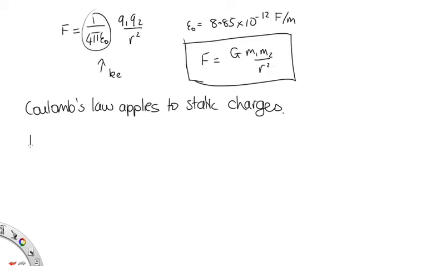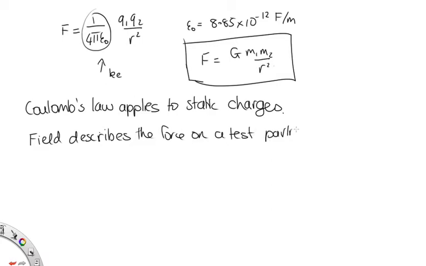Now we're also going to consider electric fields. As you probably know, a field describes the force on a test particle. So F is equal to QE, where E is the electric field.